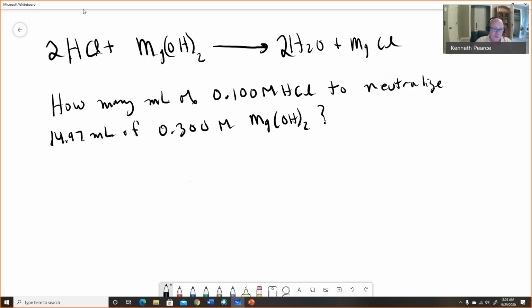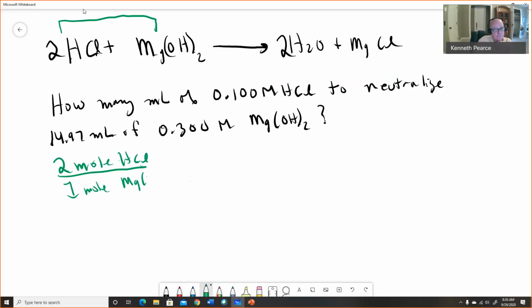Okay, so the same idea applies here. First off, you do need the mole ratio between the two things that are reacting, and we'll go ahead and write down the mole ratio. The mole ratio is 2 mole HCl for every 1 mole magnesium hydroxide. And then let's just copy down what we have in the form of the molarities, in the form of moles per liter.